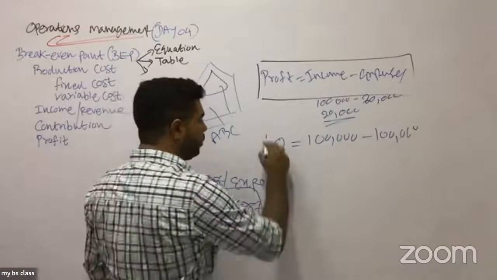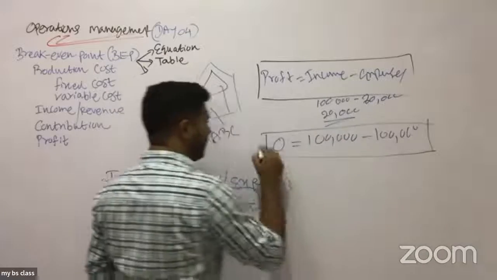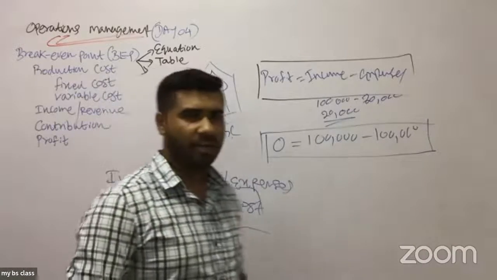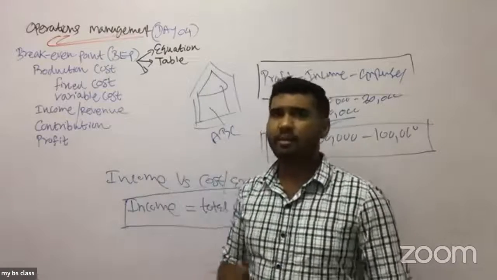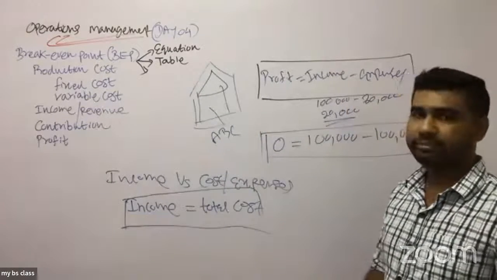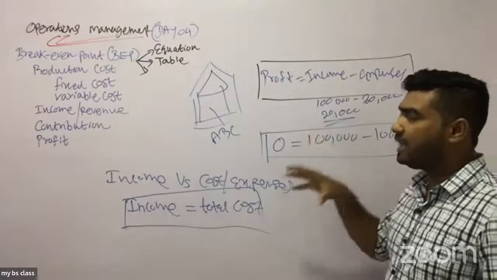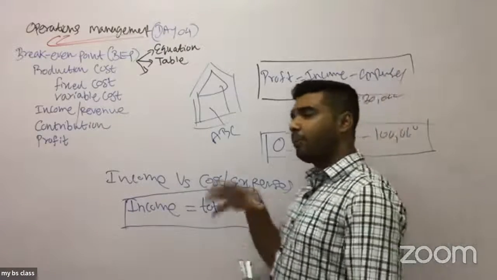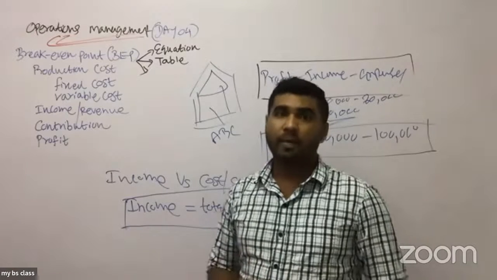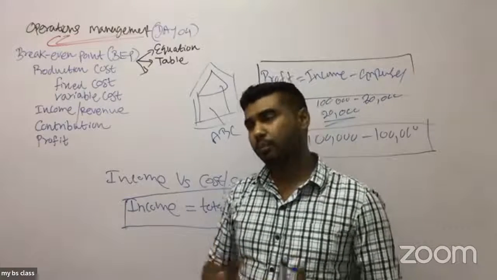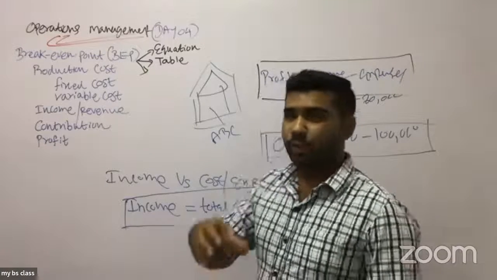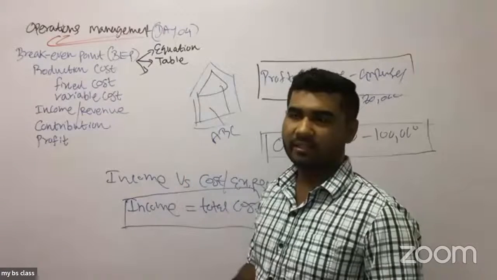Correct. So now you might ask, then what's the point of calculating the break-even point? What is the meaning, right? What's the benefit? Yes, there are benefits. Let me tell you. The break-even point is the point where you'll be producing or selling a number of units.